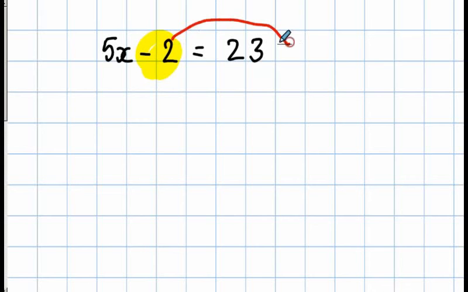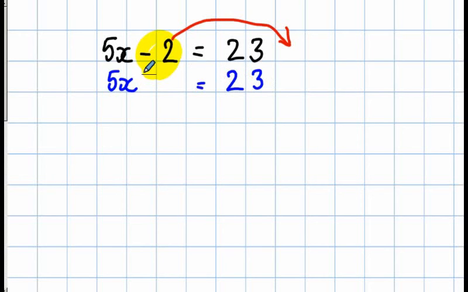Now, I mentioned there's one instance where we don't subtract. Here, let's look at this equation. 5x minus 2 equals 23. So like the first one I looked at, we're going to move this across to the other side. So we're going to rewrite the whole thing with that minus 2, the one I highlighted in yellow, moved.